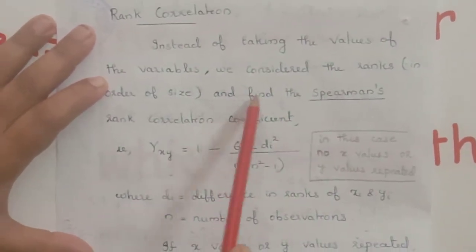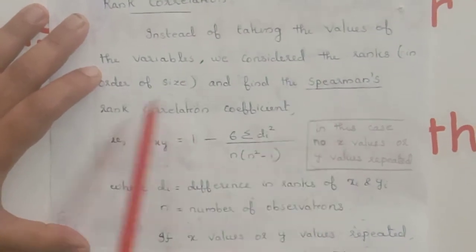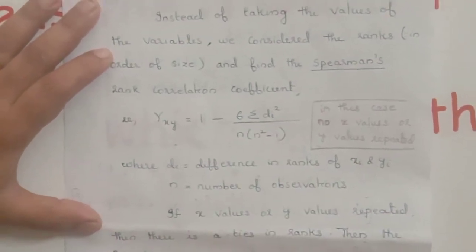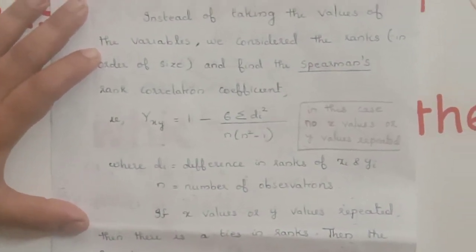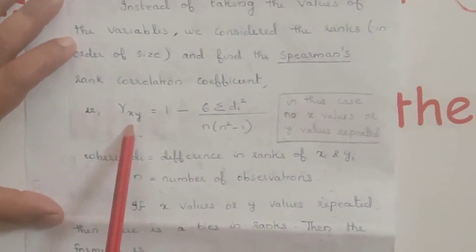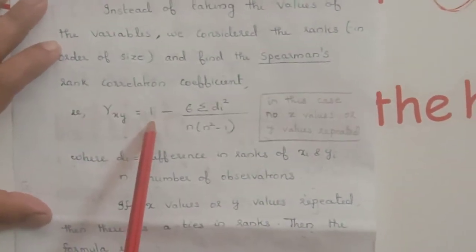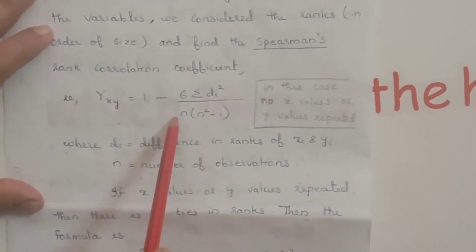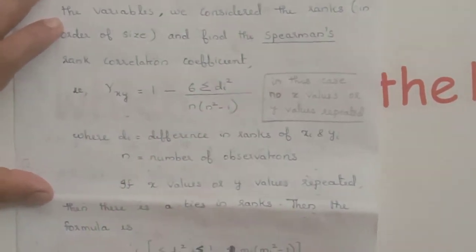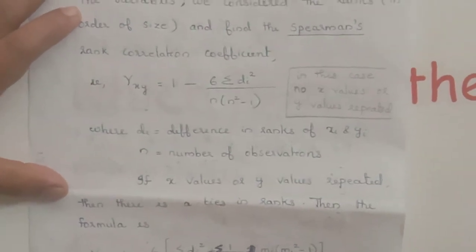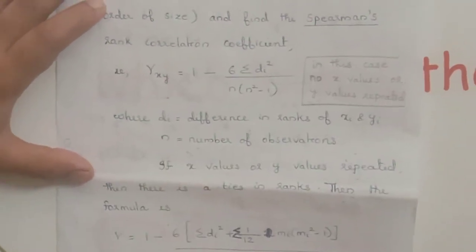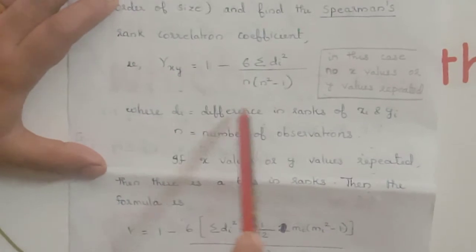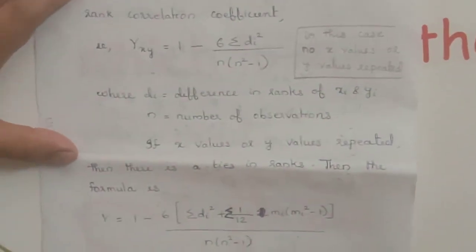And the rank correlation is the Spearman rank correlation coefficient. The formula is gamma of xy equal to 1 minus 6 into sigma di square divided by n into n square minus 1, where n is the number of observations and di is the difference in ranks of xi and yi.